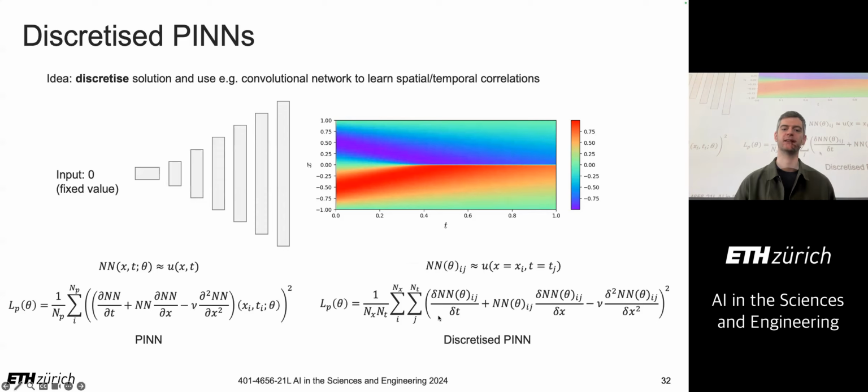So how do we train this network in a similar way to how we would train a PINN? We can use a very similar loss function to train this network in an unsupervised way, just like PINNs are unsupervised. So what we do is we say we have this output solution here, and we still want to minimize the residual of the PDE of that output solution.